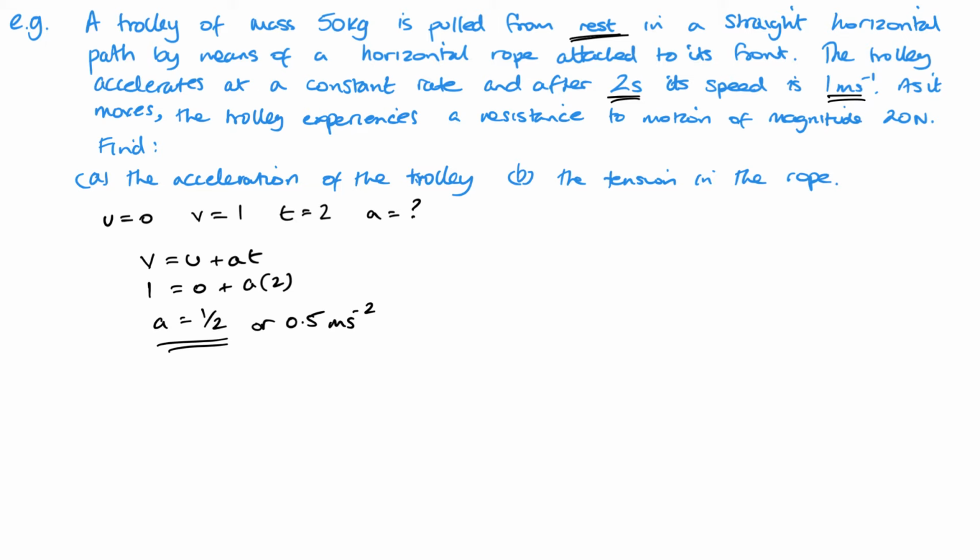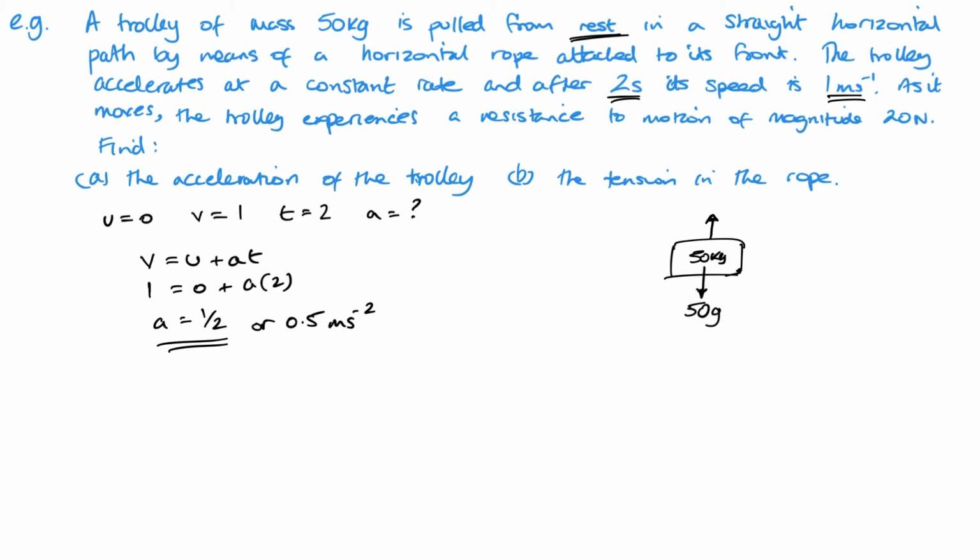Next, we want to find the tension in the rope. So for that, we need to start by thinking about a diagram. So I've got my little trolley. It weighs 50 kilograms. So I've got that weight acting straight down. Now this is 50 times gravity, mass of 50, so 50 times 9.8, acting straight down.